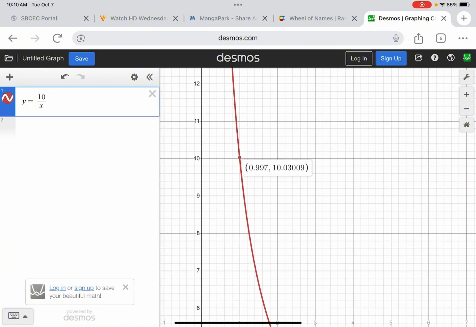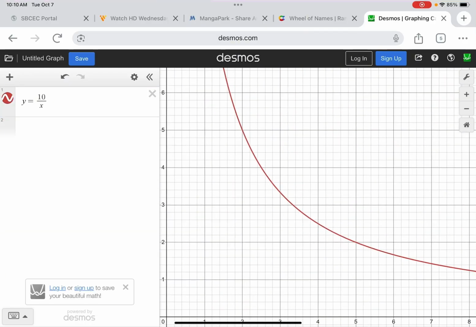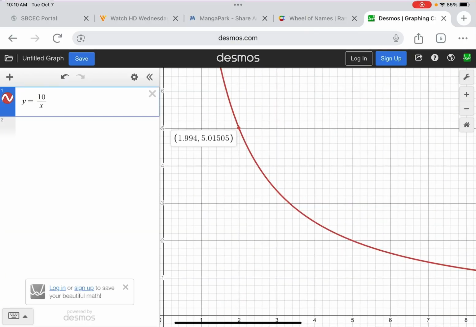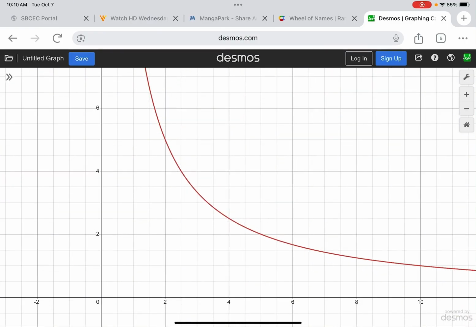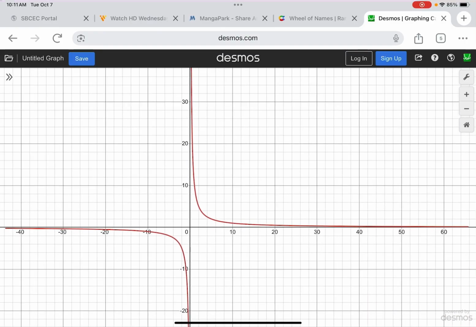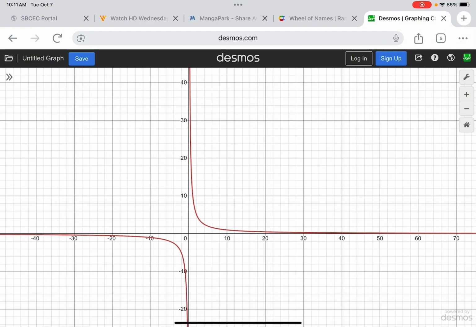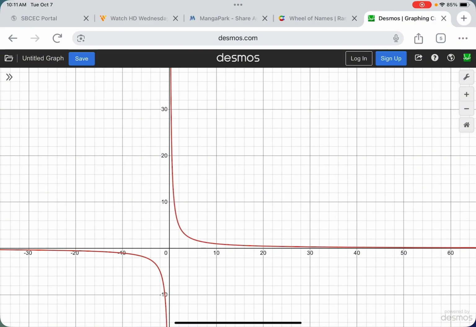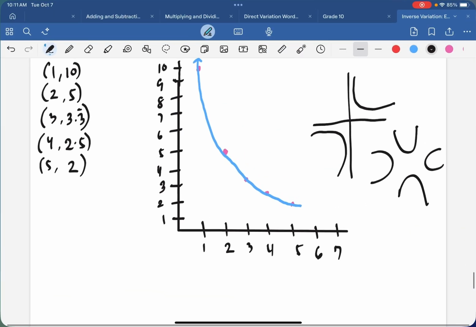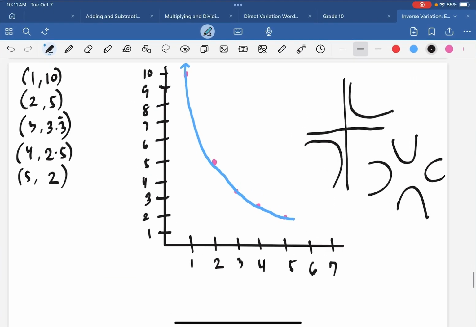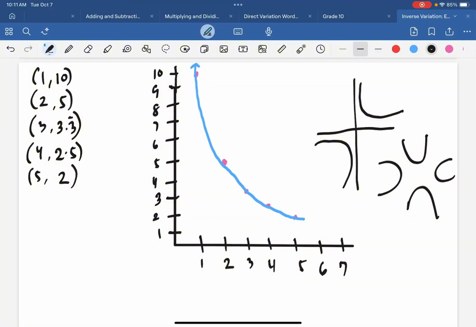Next, if we have 2, 2 and 5. Again, if you zoom out and tilt it a little bit, it's actually hyperbolic. So that is the difference between an inverse variation and a direct variation.